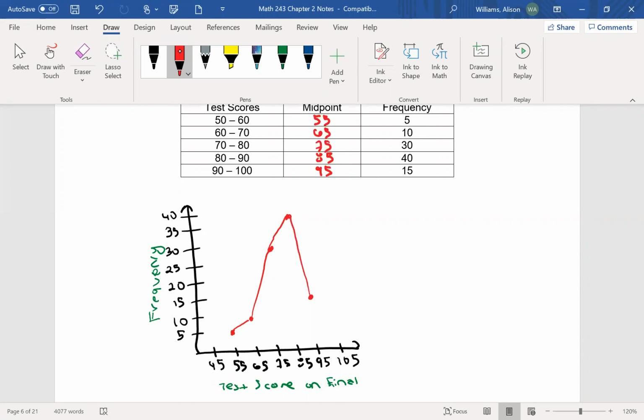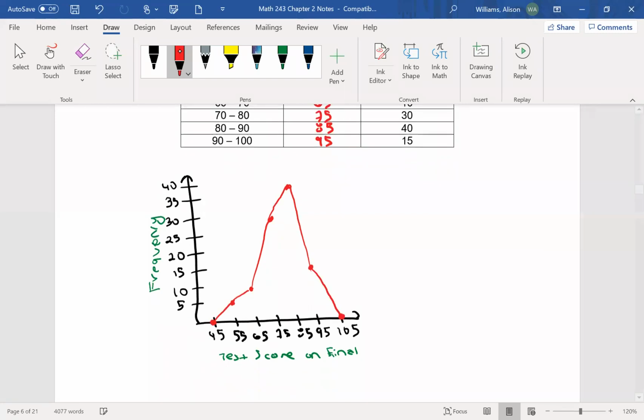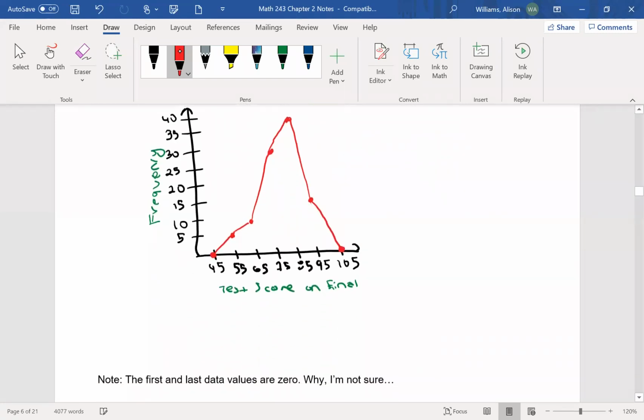Now, here's why I added the extra midpoints. This is often done with frequency polygons. They actually start off at 0. They connect the graph basically to the x-axis. Now I put a note down here about that. Excuse me. And I said in my note, I don't know why. I'm not certain why they do that.